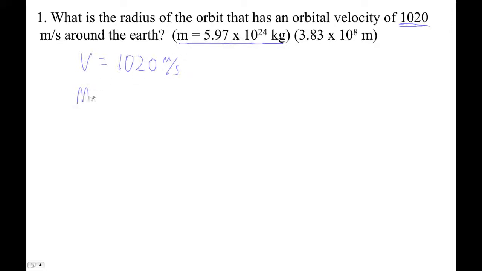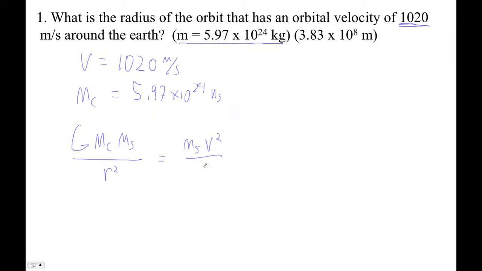So the central body mass is 5.97 times 10 to the 24th kilograms. And what we want to do is use the orbital condition that has the velocity in it. So gravity equals mass of the satellite v squared over r.